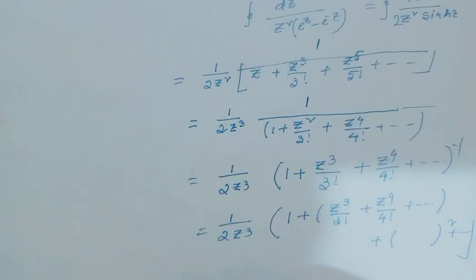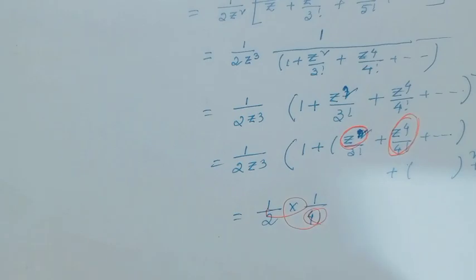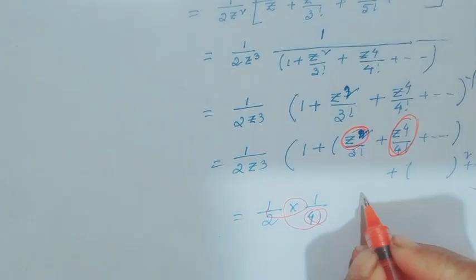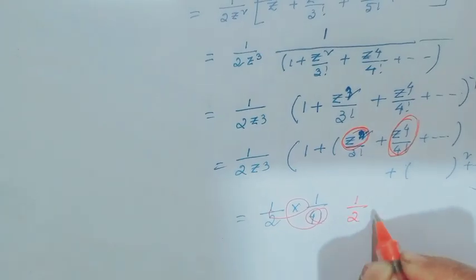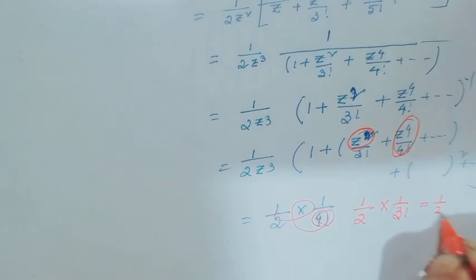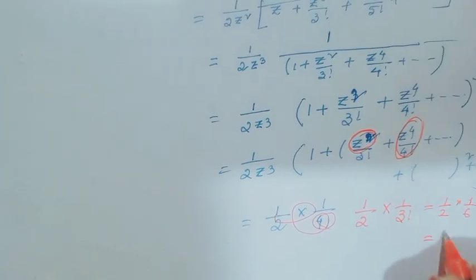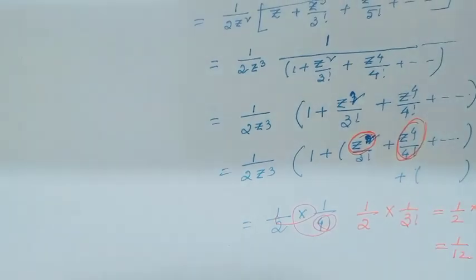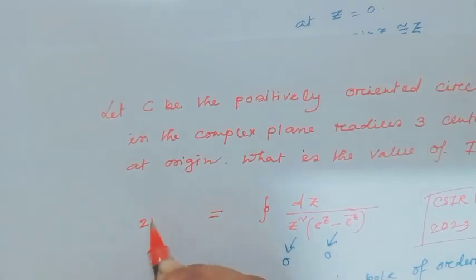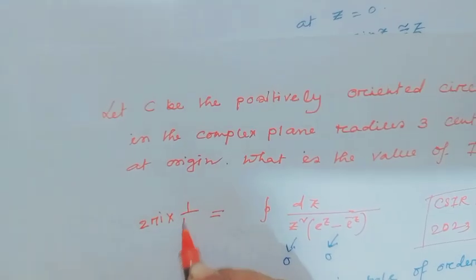And the coefficient of 1 over z is the coefficient of z squared. So this value would be 1 over 2 times 1 over 3 factorial, so 1 over 2 times 1 over 6, meaning 1 over 12. And the value of the integration is 2 pi i times 1 over 12.